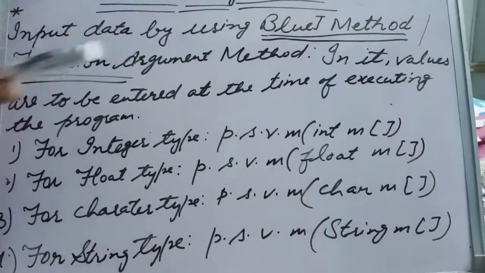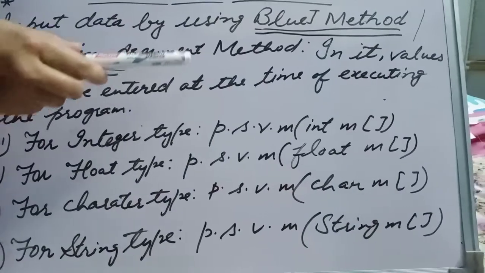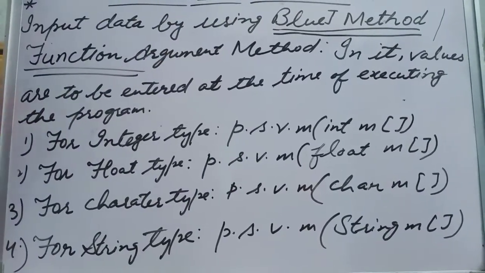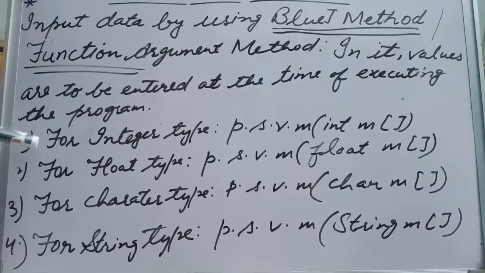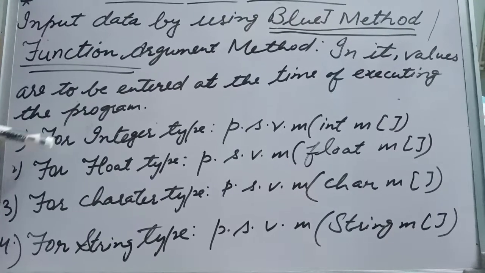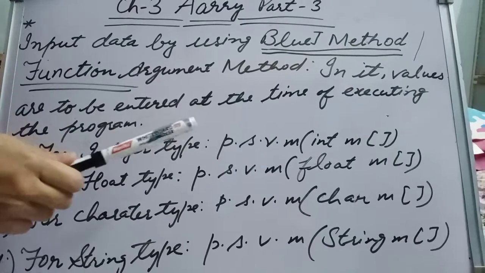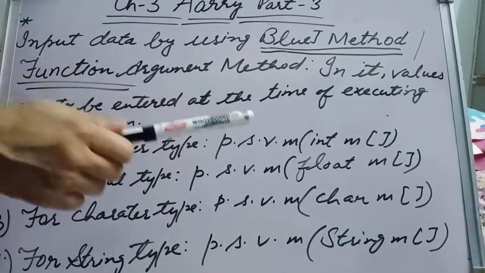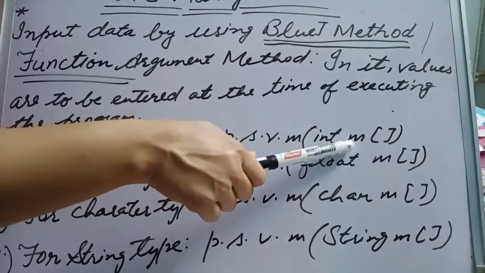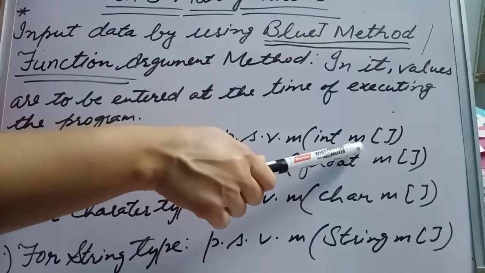So in it, values are to be entered at the time of executing the program. You can see how to input an integer type array using the BlueJ method. You know, in the BlueJ method with the main we are accepting the values.